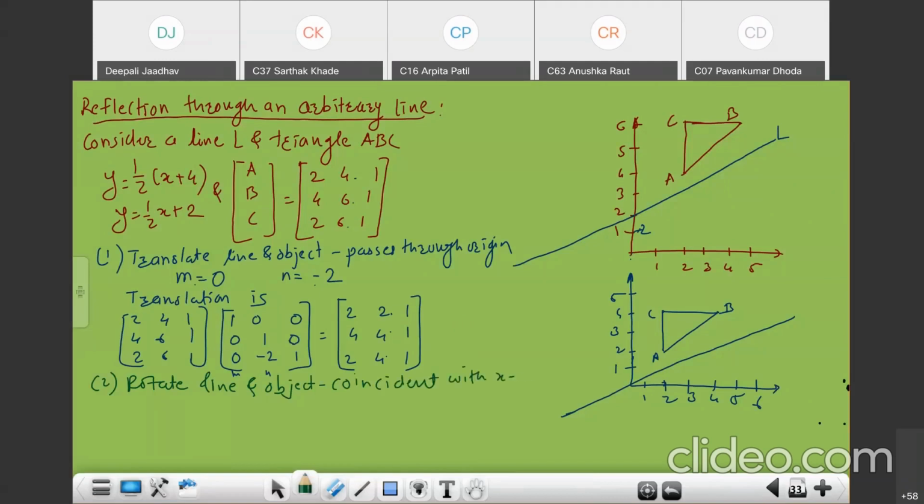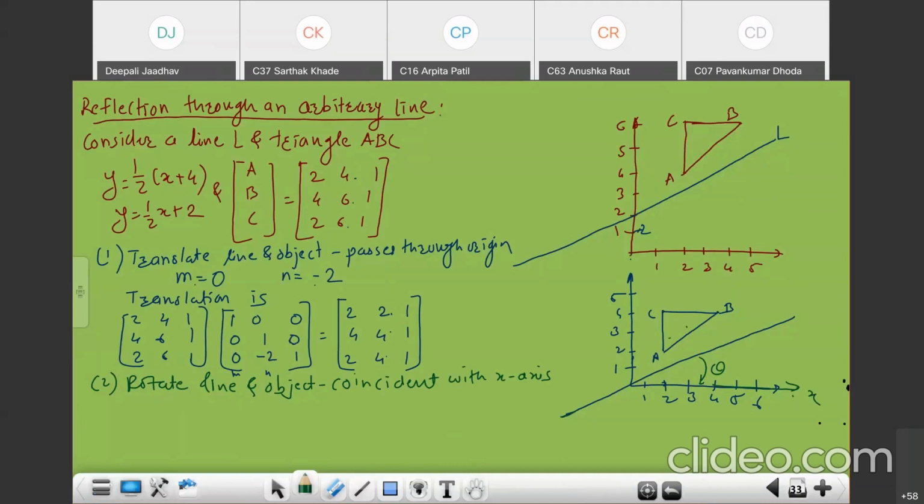Here we consider the x-axis, and normally we consider the counterclockwise rotation. Now we want to rotate this line and this object so that it is coincident with the x-axis. It means we need to rotate with this angle theta. Only line rotation is not sufficient, and that's why we are going to rotate the object also.